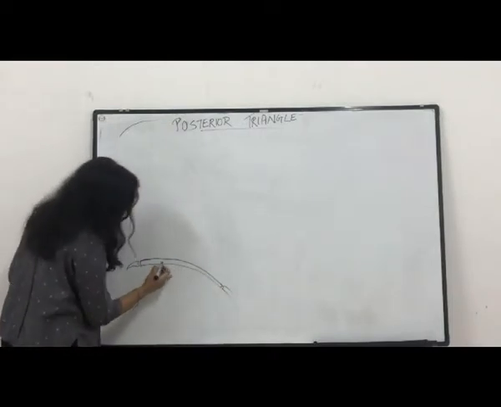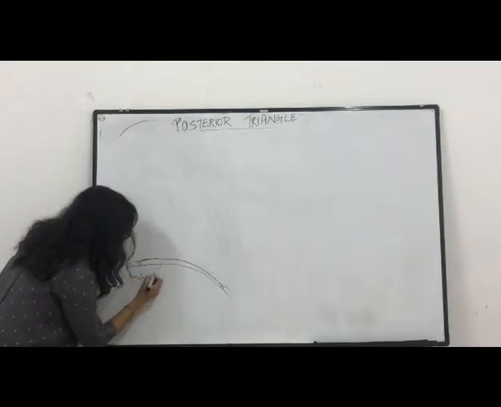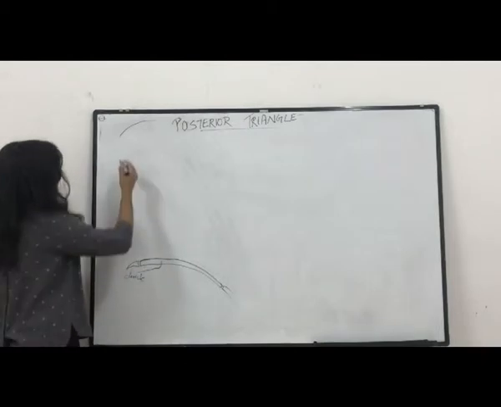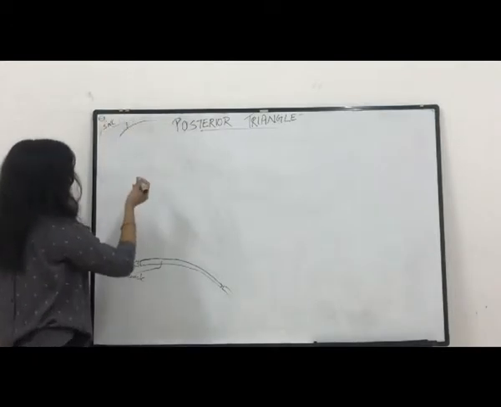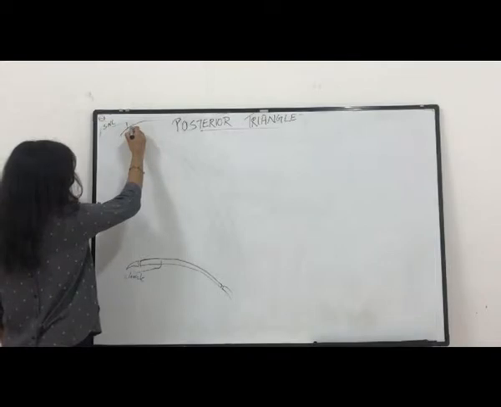This is the clavicle. This is the mandible. And this is the superior nuchal line, from where the trapezius originates. So let's draw the trapezius.